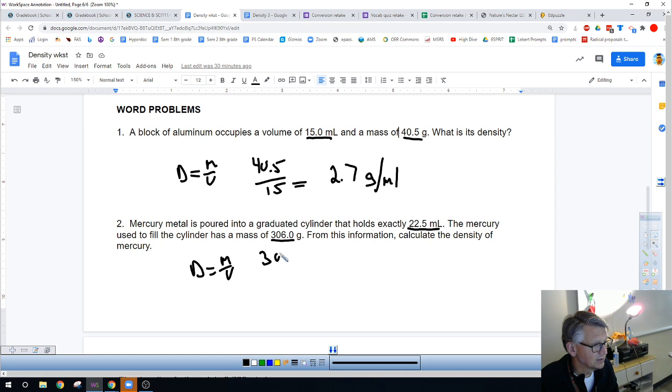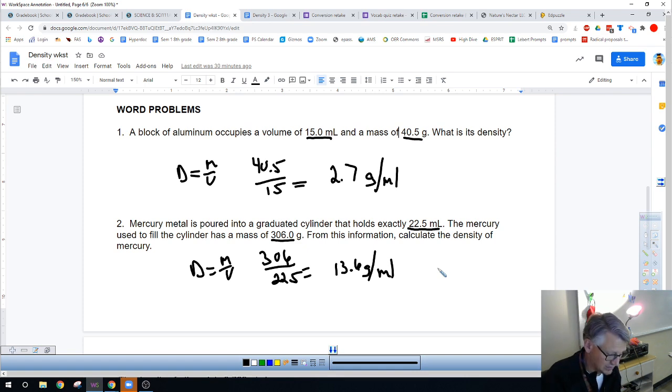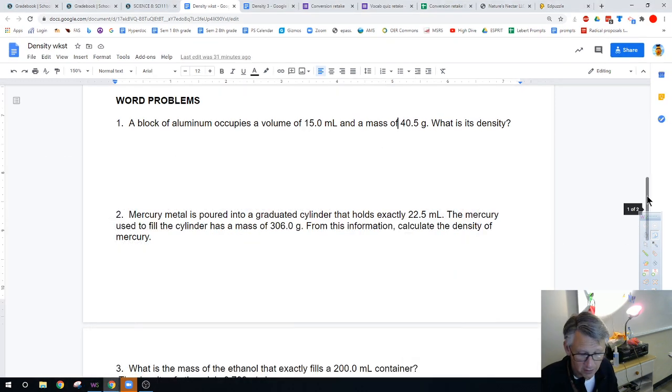Our mass is 306 divided by 22.5. 306 divided by 22.5 gives us 13.6 grams per milliliter. Mercury is so cool. It's a metal that's liquid, but it also makes you sick, very deadly.